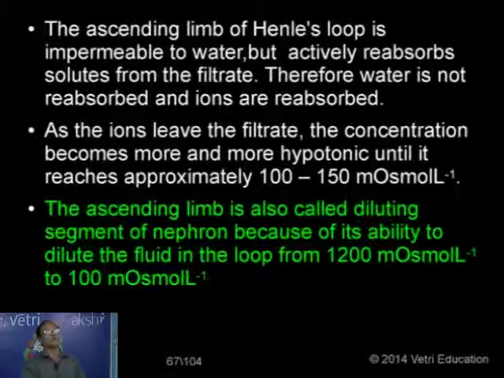That is why we have the hypertonicity. The solution becomes hypertonic from bottom towards up. This is because of the permeability of the ascending limb to the electrolytes, which causes a decrease in osmolarity. That's why it's called the diluting segment of the nephron, because it dilutes the fluid from 1200 osmolarity to 100 osmolarity when it reaches the top.